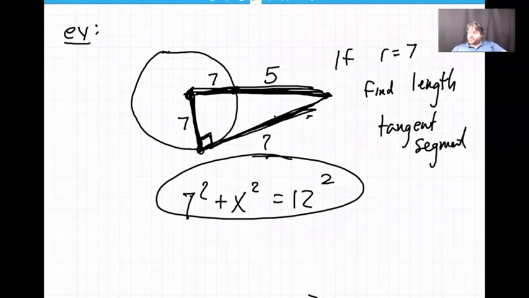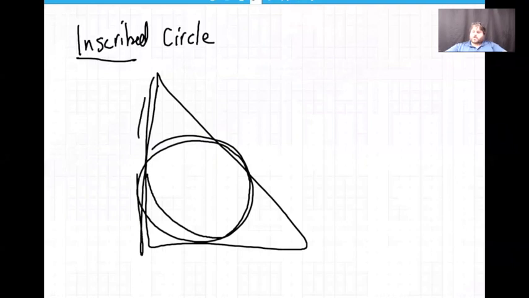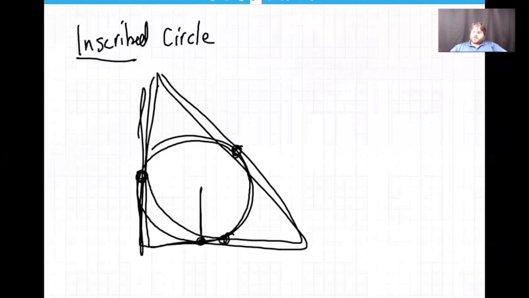Also, if you've got an inscribed circle, inscribed means written inside. So I've got this triangle here, and let's say it is inscribed by this circle. Wow, that's a beautiful drawing. Thank me later. So let's say it only hits once here, once here, and once here. What that means is you've got these 90-degree angles from these radiuses.